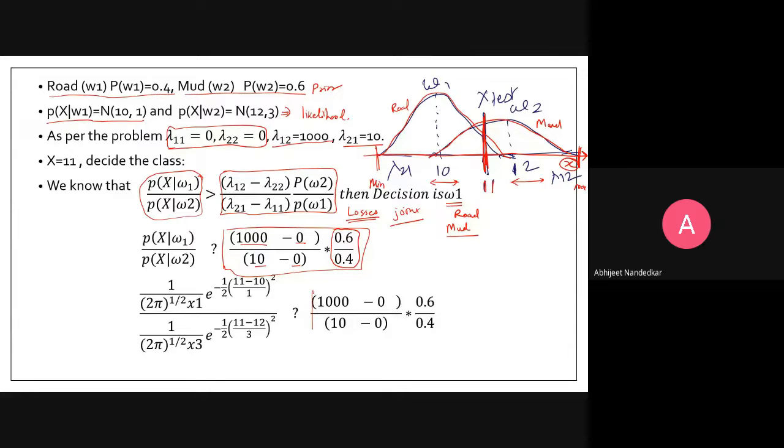Now from the left hand side we are writing the formula for normal distribution. We have assumed that our features are normally distributed, so I am writing the formula for normal distribution for the numerator as well as the denominator.